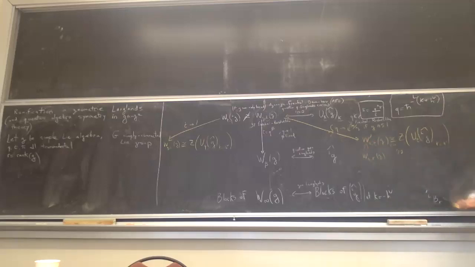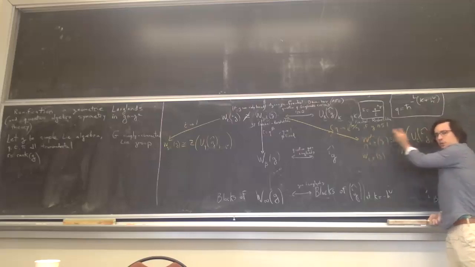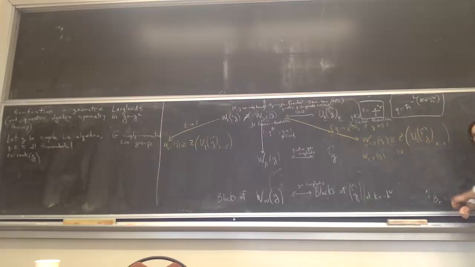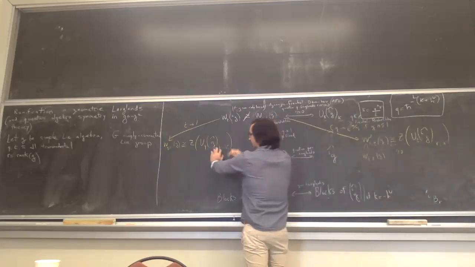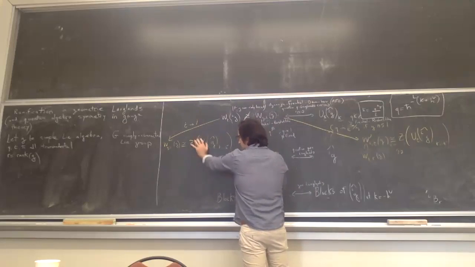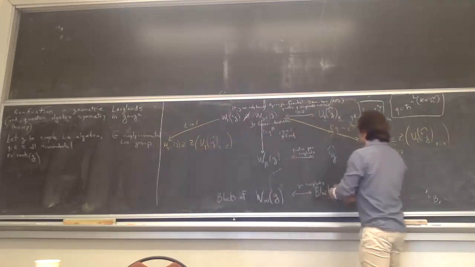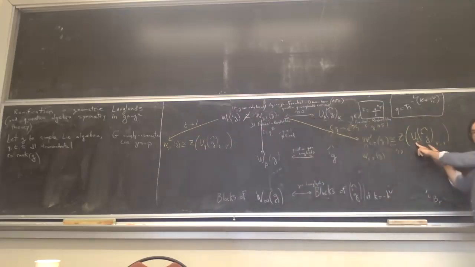So you have to do more work to identify an algebra which nicely maps to the center of a quantum affine algebra. And so that's where this story about interpolating algebras comes from. You see, in some sense, they interpolate between the center of a quantum affine algebra of G and its Langlands dual with a different quantization parameter.